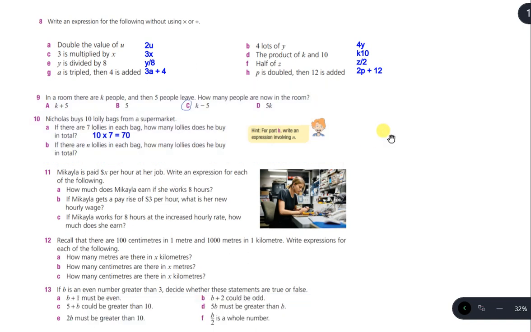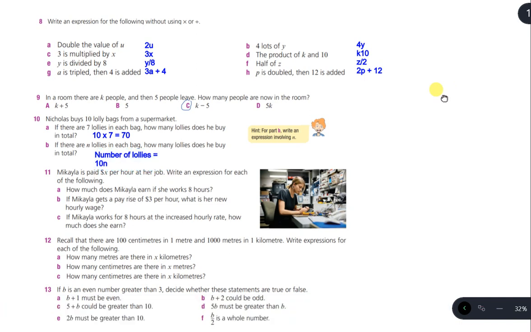If there are n lollies in each bag, how many lollies does he buy in total? So it says to write an expression involving n. So it's going to be the number of lollies equals 10n.